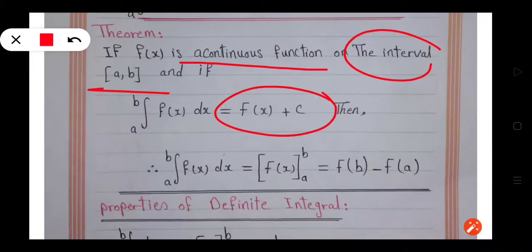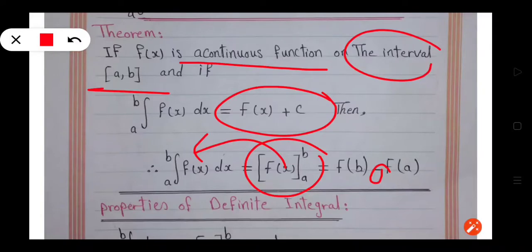So we can write it in the form capital F of x, the result of integration of f of x, and a and b are limits of integration. We substitute by b upper limit, minus substitution by a lower limit.